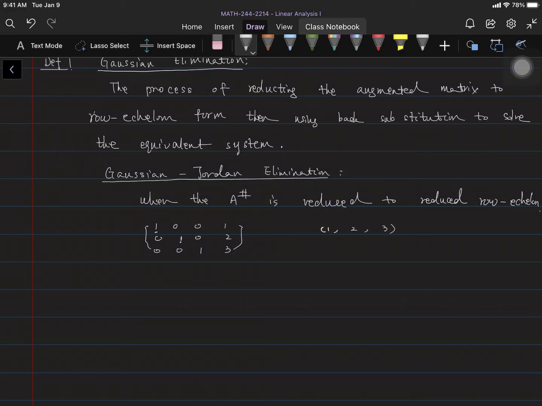Now let's take a look at example 2. Let's use Gauss-Jordan elimination to solve the linear system. The linear system is given by this one. First step, definitely write down the augmented matrix.